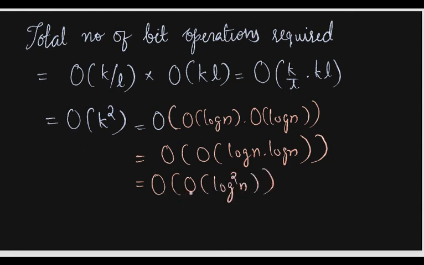And we know that big O of a function is equal to big O of the same function. So this is big O of log square n, and this is the answer we obtained in the previous example also. That is, this represents the number of bit operations required to convert n to the binary system also.